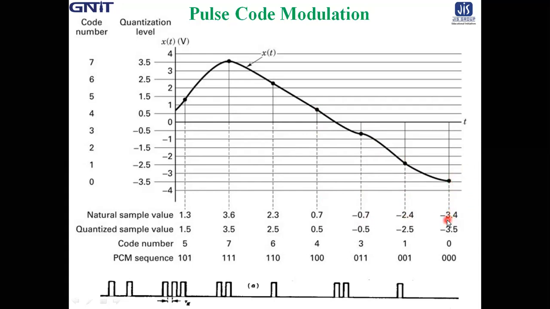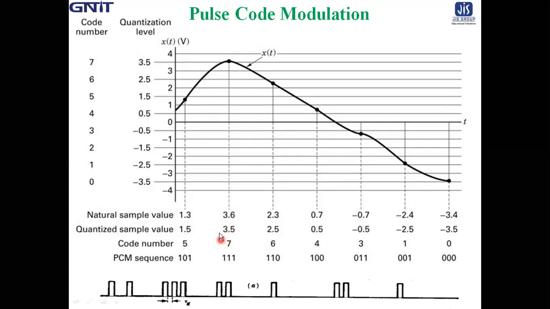Now according to the quantization, the sample value should be presented at its nearest quantization level. So the quantized sample value of 1.3 is now 1.5. For 3.6, its nearest quantization level is 3.5.